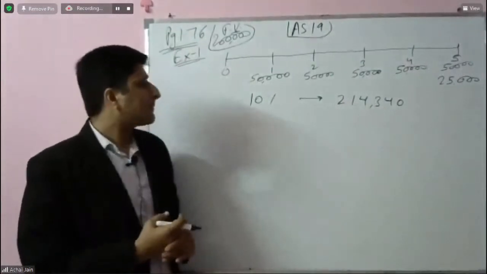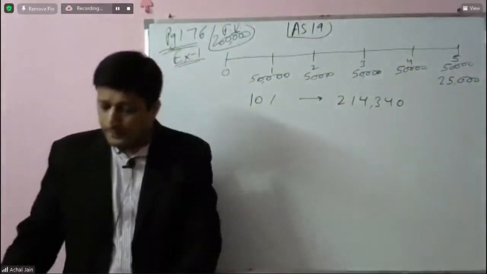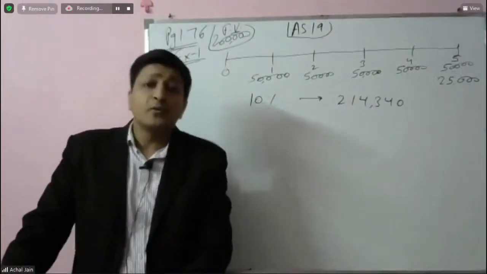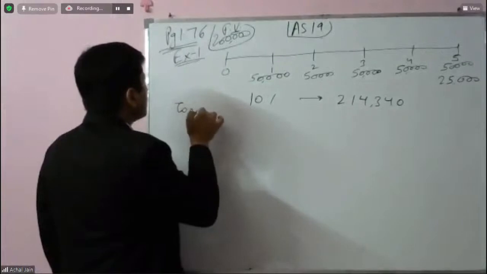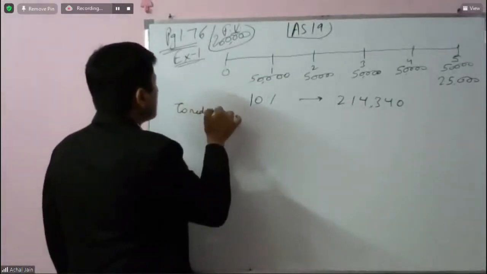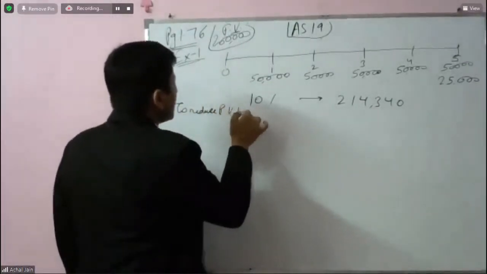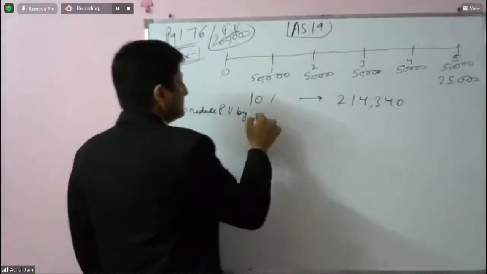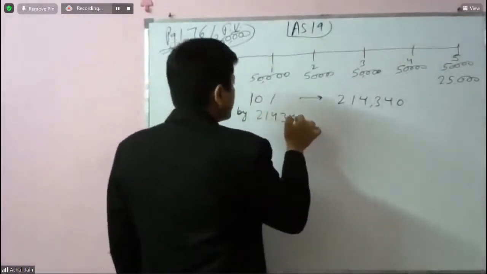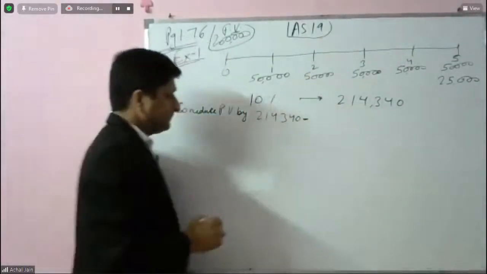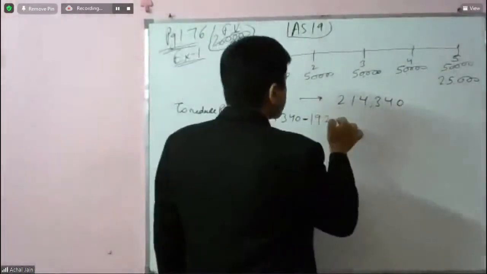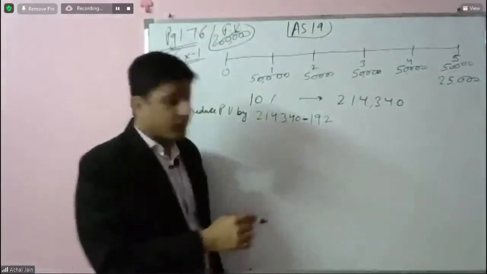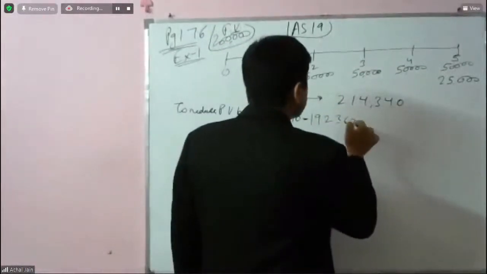Now, to reduce this PV by 2,14,340 minus the revised PV, the second PV which I got was 192,360.